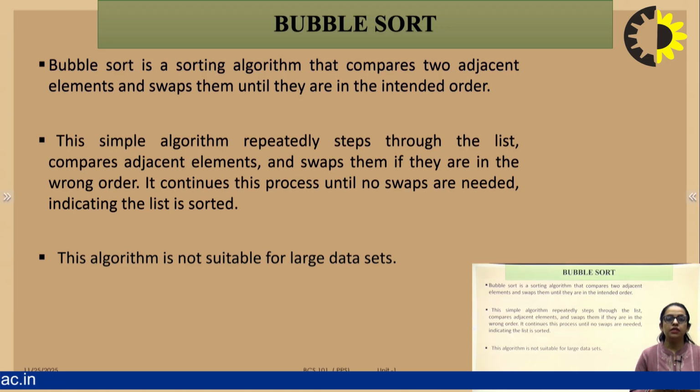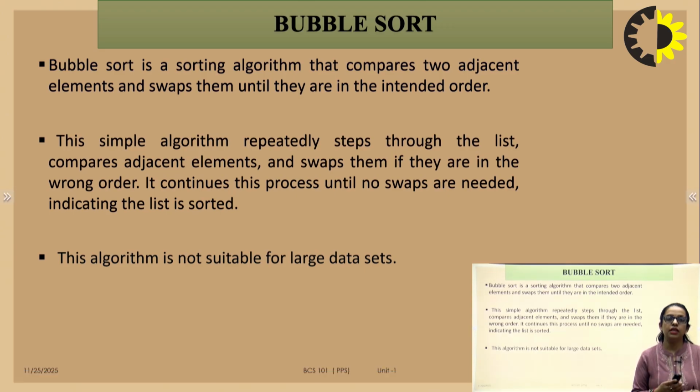In this process, first we have to compare two adjacent elements, and we have to swap these two elements every time we encounter a greater element at the first position and a smaller one at the second position throughout the list, by comparing adjacent elements and swapping them if they are in the wrong order.